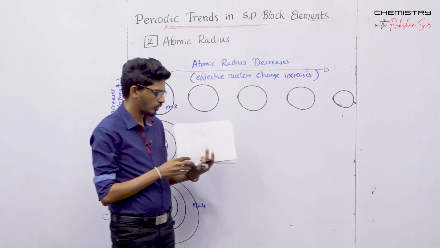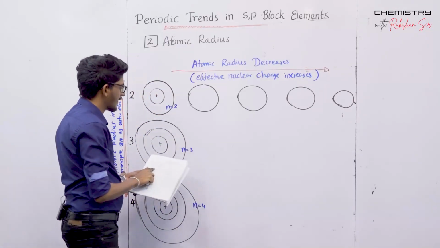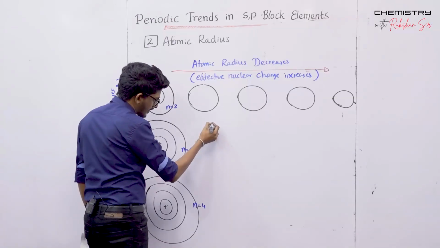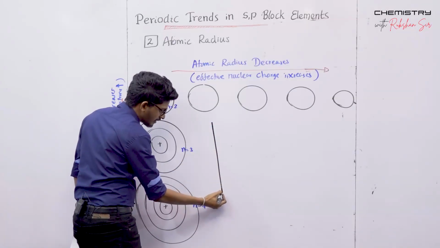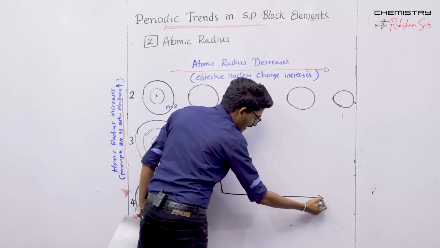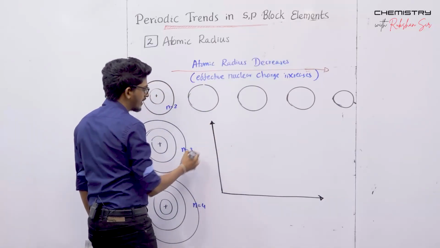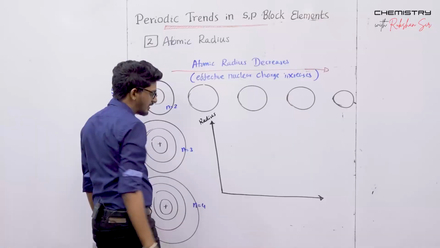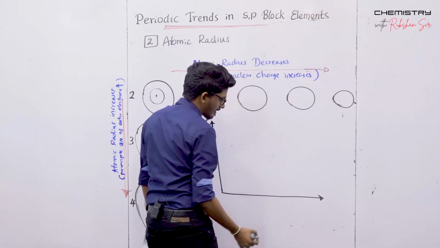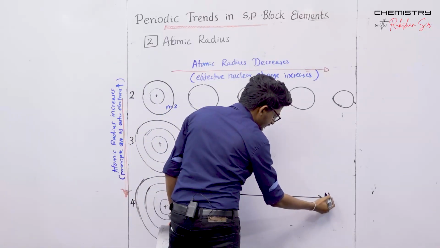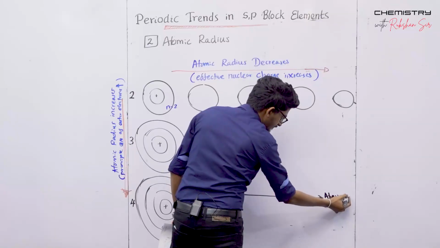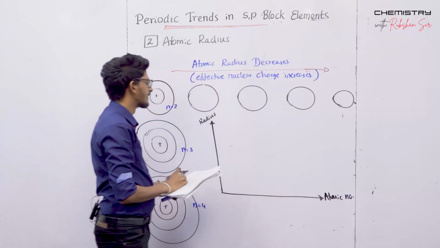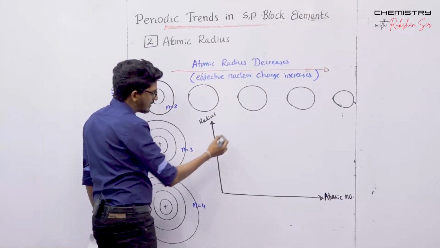If you have to come up with this as a diagram, this is the radius, and you can take this one as the atomic number. As a diagram, the atomic radius trend would be like this.